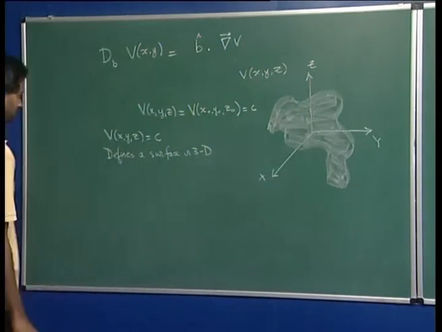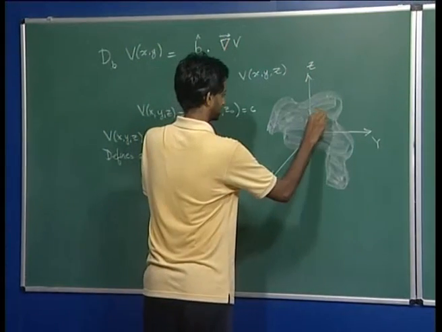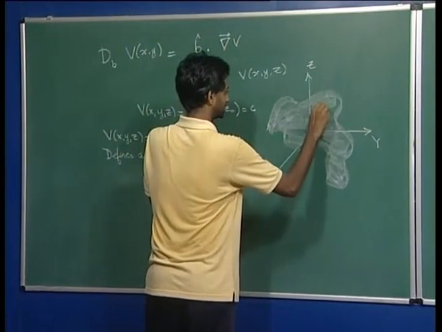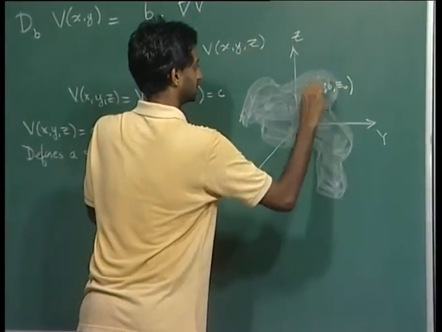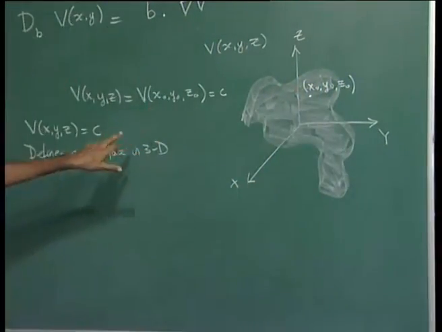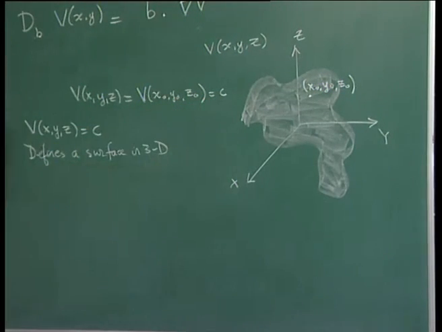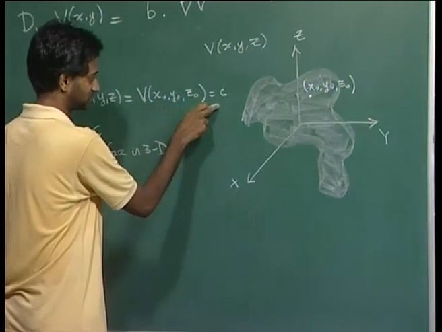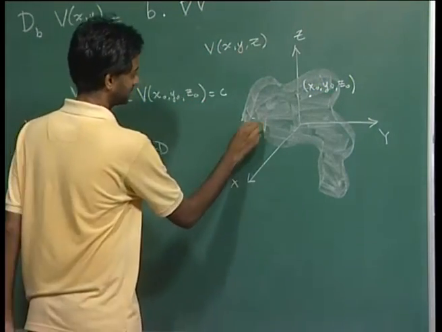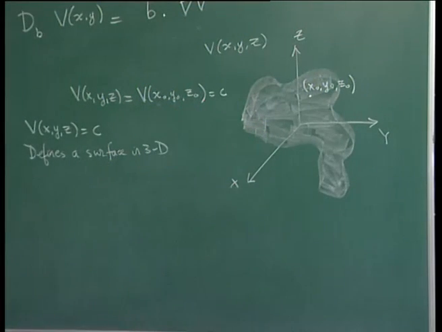Now, this surface will pass through the point x0, y0, z0. So, the point x0, y0, z0 will lie on the surface because V at x0, y0, z0 is equal to c. So, all the points where V of that point is equal to c lie on this surface, and so clearly the point x0, y0, z0 will lie on this surface.